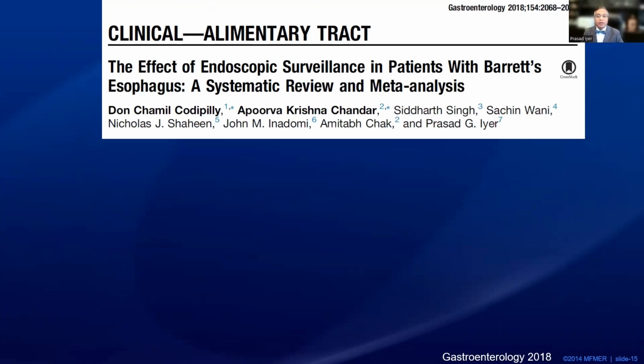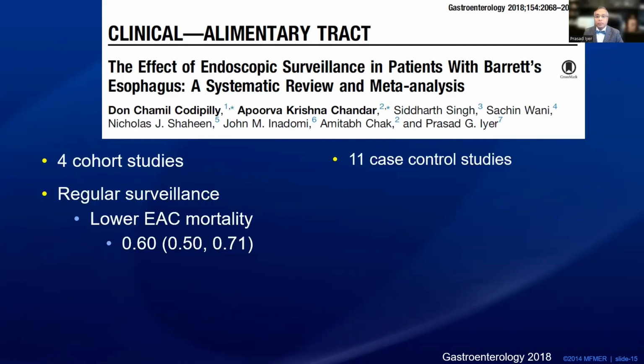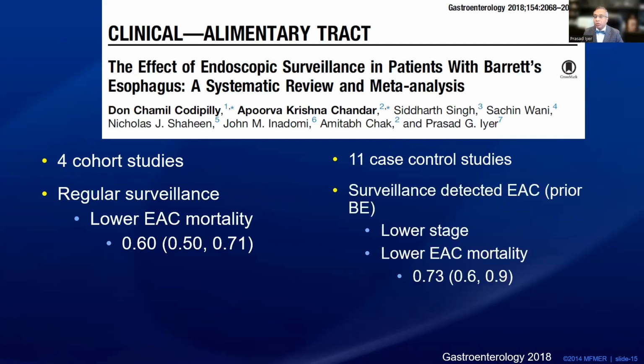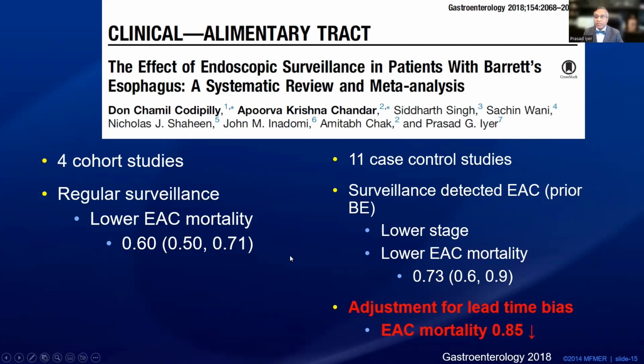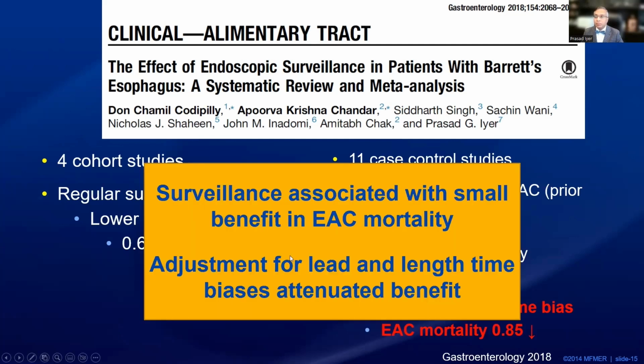This is another systematic review and meta-analysis we published in Gastroenterology, where we looked at both cohort studies and case-control studies to look at the effectiveness of endoscopic surveillance in terms of adenocarcinoma-related mortality and adenocarcinoma-related stage. There are obviously no randomized trials available at this moment.